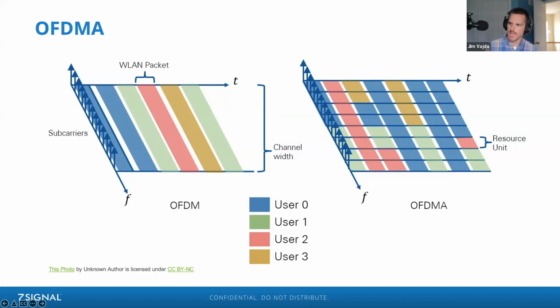With OFDMA, now it's centrally managed. The access point is scheduling all of this traffic. It's telling the clients when they transmit, into what resource units they transmit, and when it's going to transmit simultaneous downlink frames to clients as well, and how that's going to go. It's all under the control of the AP.